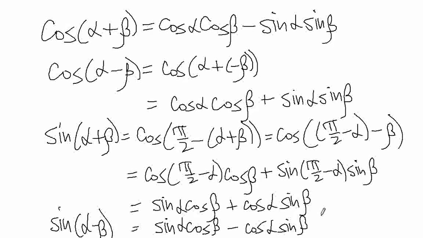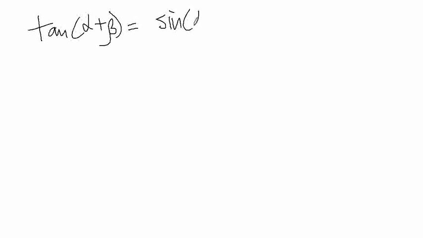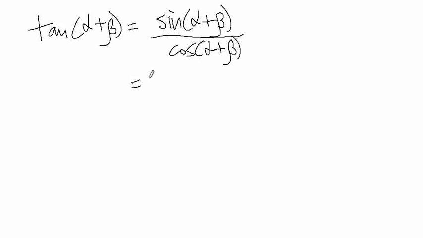Okay, now what about the tangent identities? All right, let's work on those next. So the tangent of alpha plus beta. First of all, would you agree that that's equal to the sine of alpha plus beta over the cosine of alpha plus beta? Okay, so let's write out what the numerator and denominator are equal to.